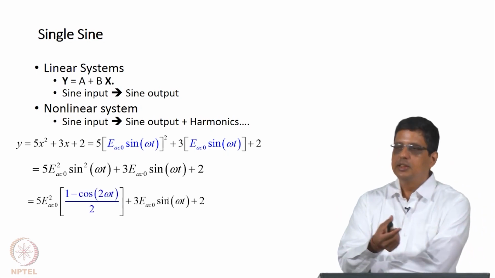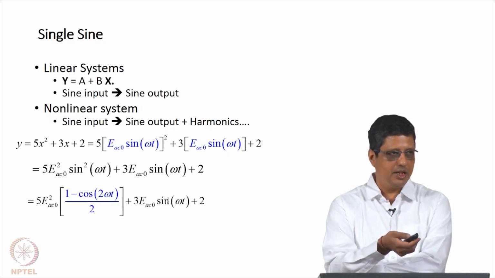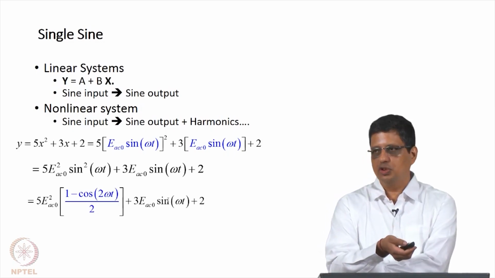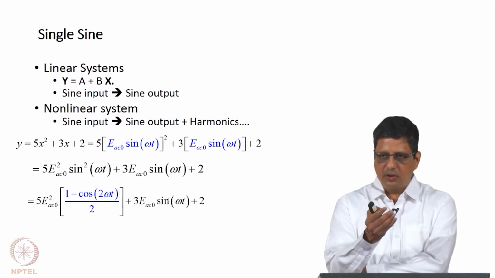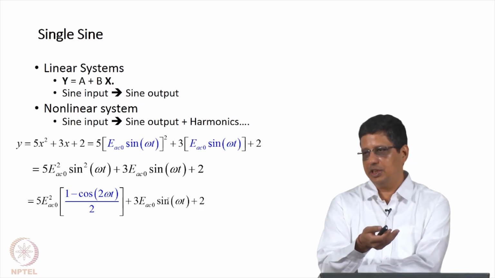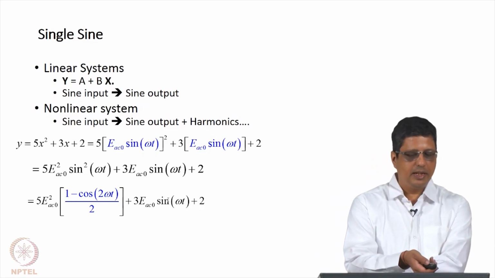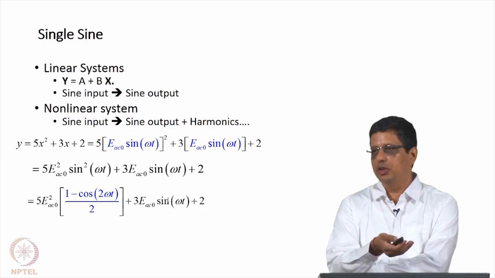Next, sin square I can write as cosine 2 omega, there is a relationship between sin square and cos 2 omega. So, I do not want sin square, sin cube, sin power 4, but I want to write it in terms of multiples of omega. The first one would come in Taylor series expansion, the second, meaning cosine or sine in n omega, 2 omega, 3 omega, is what is called a Fourier series.